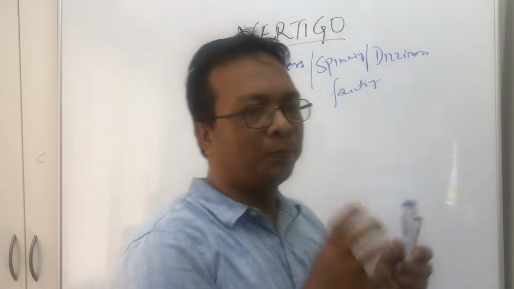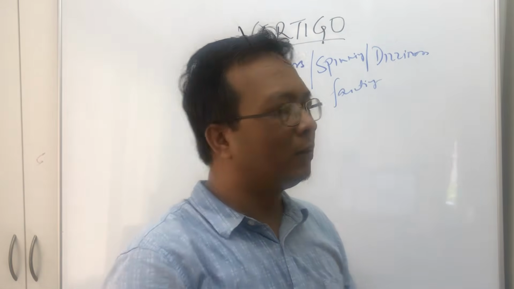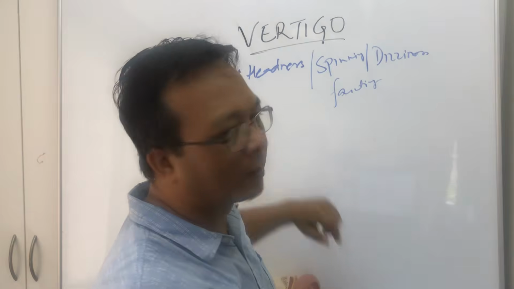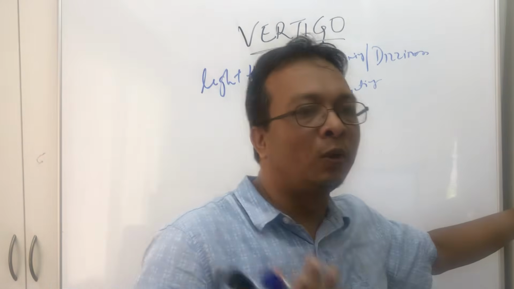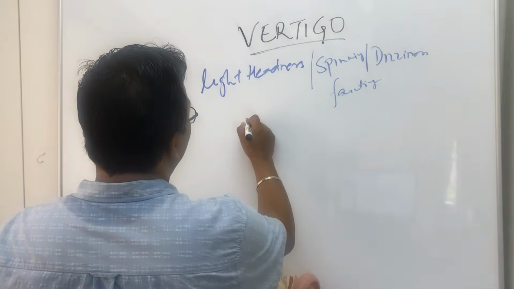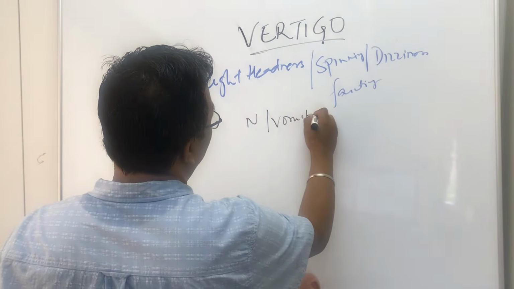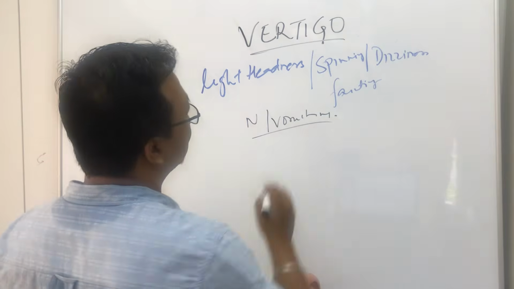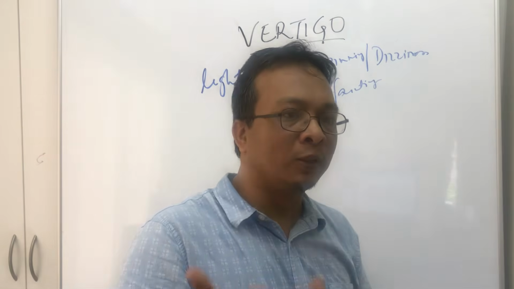So overall we come to one word that includes all these things, and that's called vertigo: spinning of the world or spinning of your head, associated with nausea and vomiting. These are associated symptoms which may or may not be present.